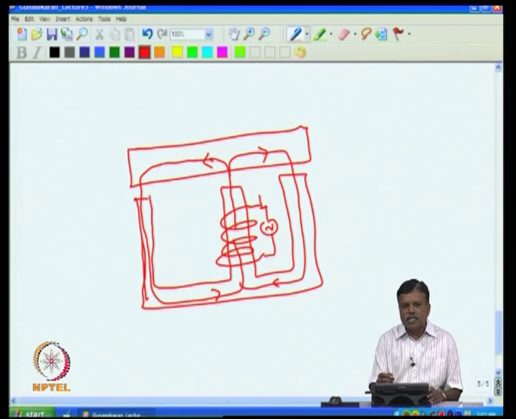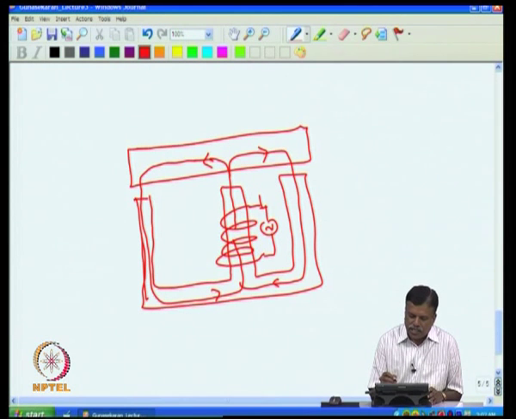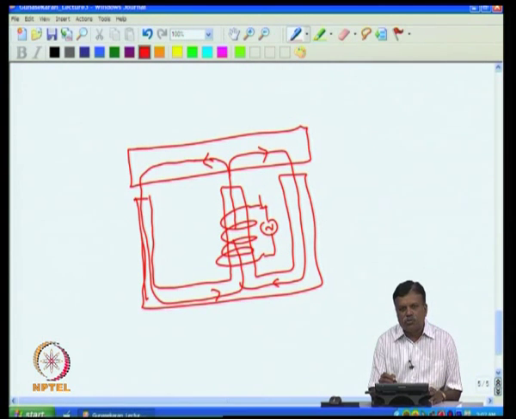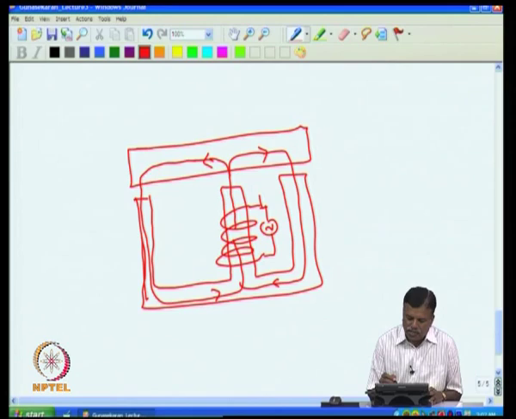So, if you see the general structure of the transformer, this is what happens. We will wind here, and the magnetic field goes like this, and the other half goes like this. Now, when you are winding a transformer, obviously two questions come in, namely how many turns I have to put, and what is the thickness of the wire that I have to use.